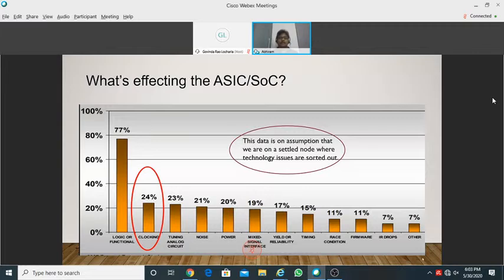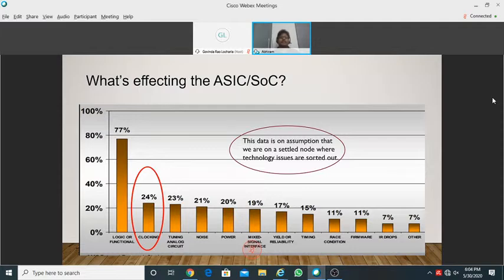Next we are going for mixed signal or some other. These may not be very critical at this point of time, but these are mostly specific to mixed signal or technology problems. If you take the first, left hand side, problems are basically when you think of it on a settled node. What I mean by a settled node is, suppose TSMC is now manufacturing a 5 nanometer chip.